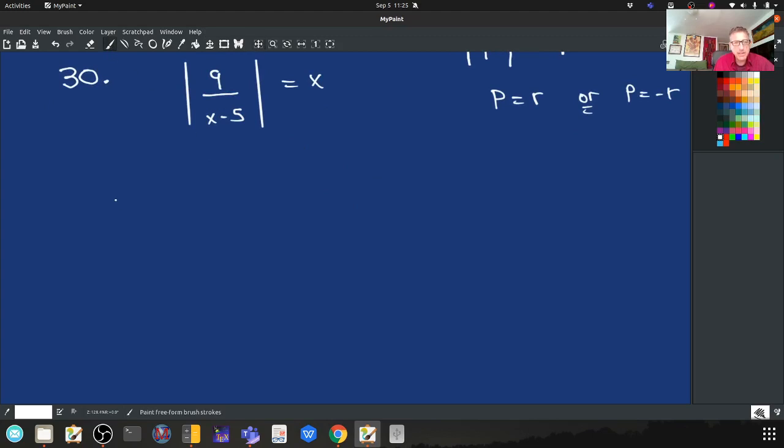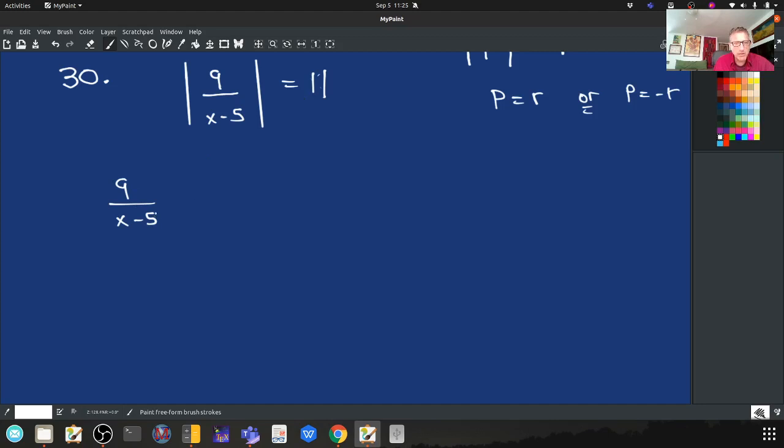So here I'm going to take the 9 over x minus 5, and the original problem doesn't have x, thank goodness. And the original problem has 11. That makes it much better.